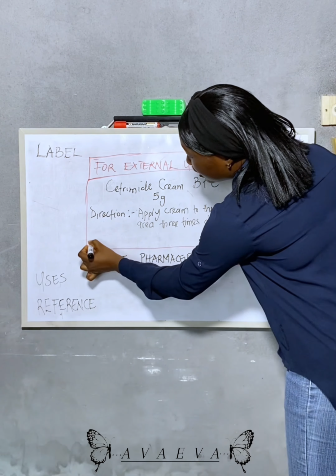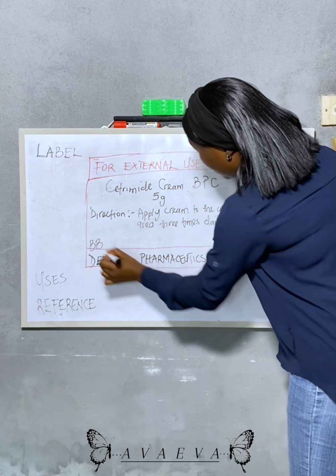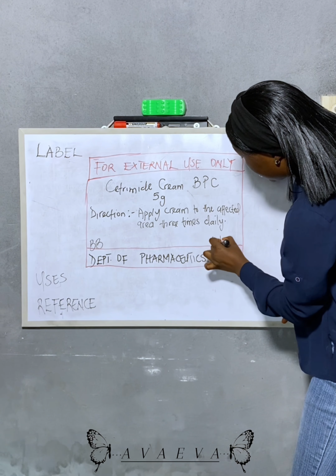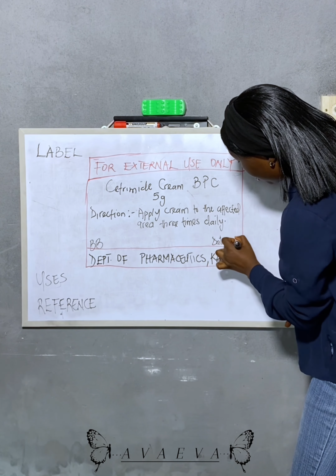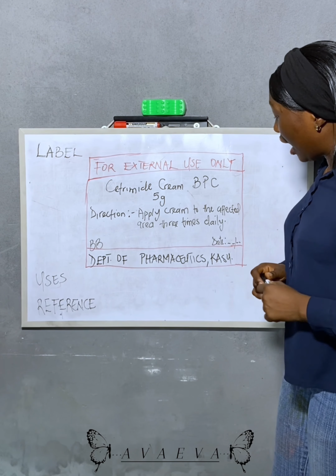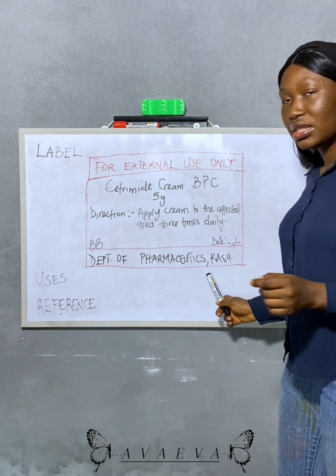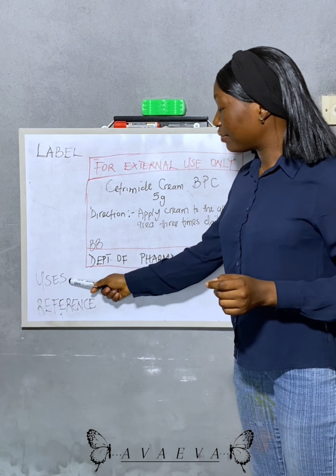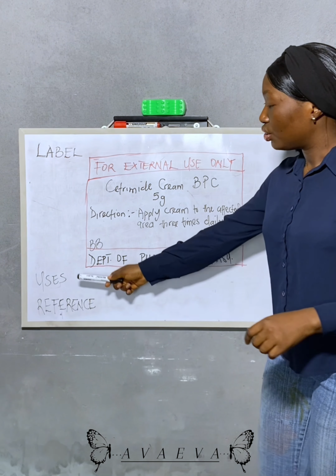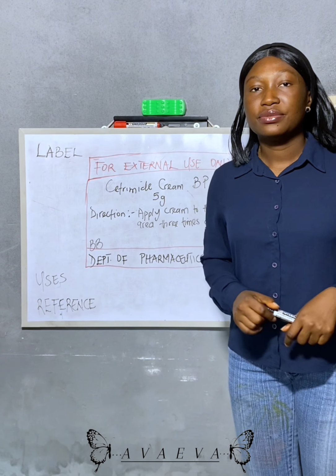You have the patient's name here and then the date. Whatever it is should come here. After that, you have Department of Pharmaceutics CASU. You also have your uses and references. Your uses and references can be obtained from the BPC.